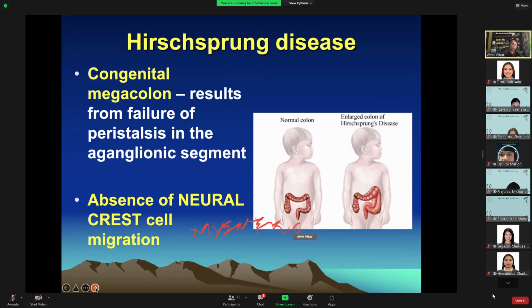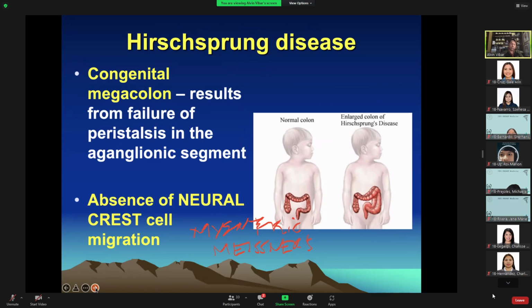You have the myenteric or Auerbach's plexus, which is for peristalsis, and you have Meissner's plexus for secretory activity. Again, the myenteric or Auerbach's plexus, located at the tunica muscularis, is for controlling movement, peristalsis, while Meissner's, located at the submucosa, is for controlling the secretory activity of the GIT.